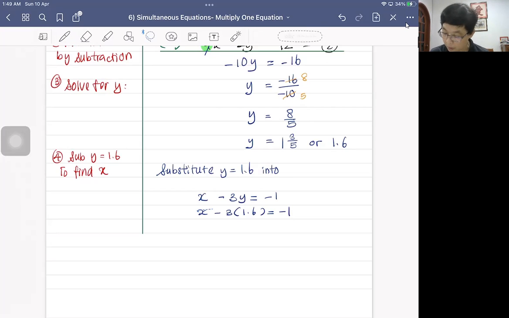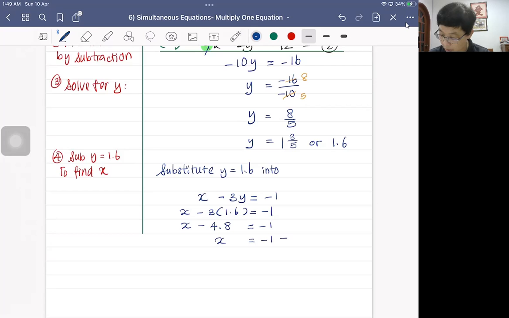Let's put it a little bit nicer, shall we? Okay, yeah. So now you're going to get x minus 4.8 equals minus 1. Shall we take that? So you're going to have x equals to minus 1 plus 4.8, and easily you're going to get 3.8. There you go.